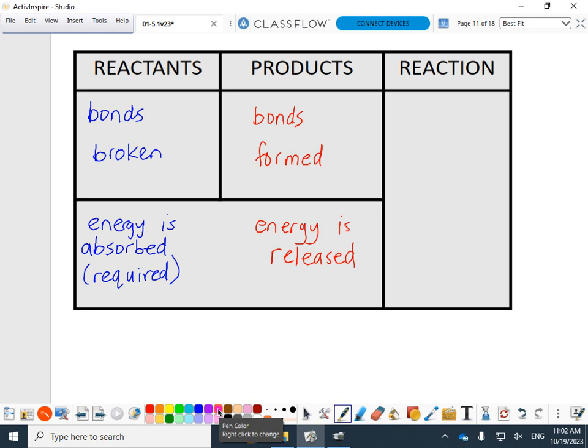But now the energy released is greater than the energy absorbed.